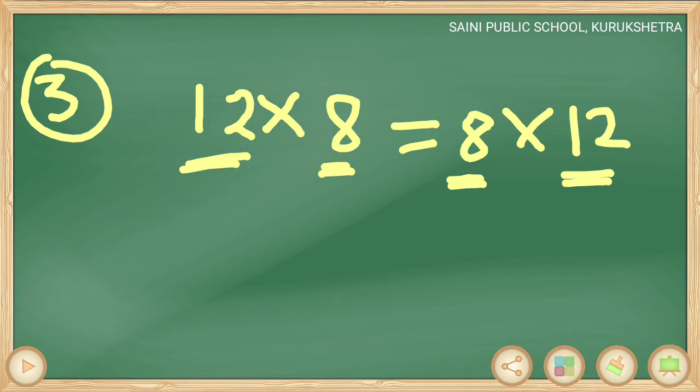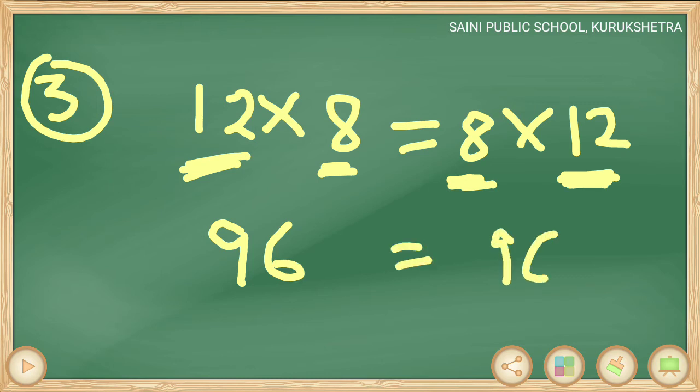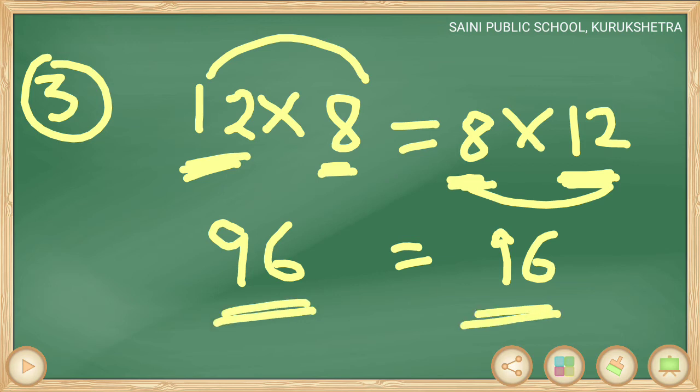Here I am taking two numbers, 12 and 8. 12 into 8 is 96, and 8 into 12 is again 96. So whether I write 12 into 8 or 8 into 12, it doesn't matter, the product will be the same, the answer will be the same.